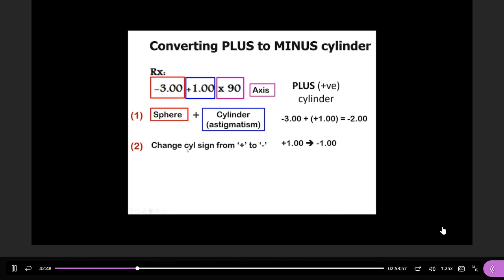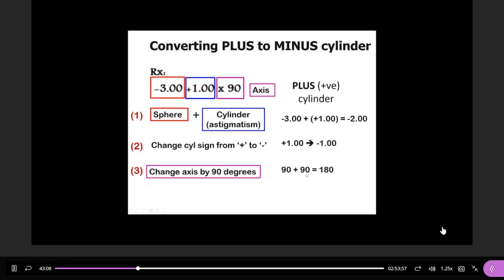Second step, you change the cylinder sign from plus to minus, because this is our purpose: we want to change plus to minus. So you change +1 to -1. Then the third step is you change the axis by 90 degrees. That means you add 90 degrees to this patient's original axis. So 90 plus 90 is 180.